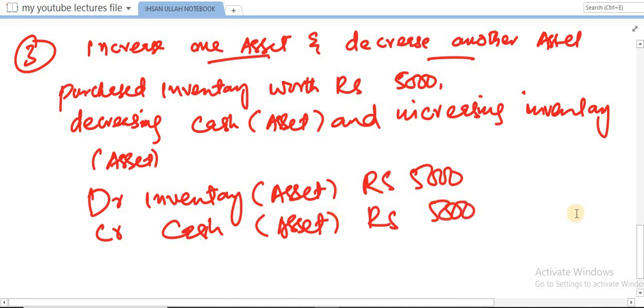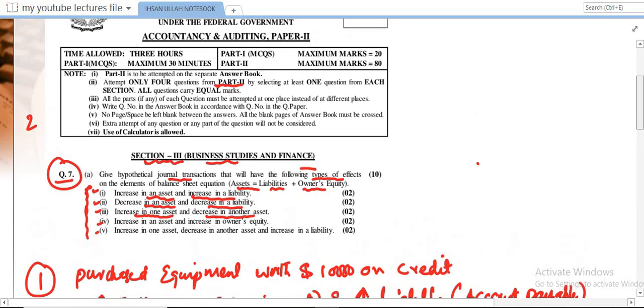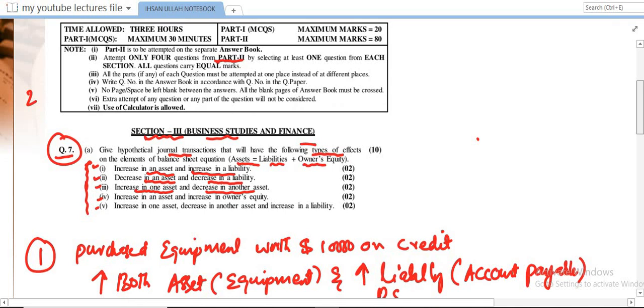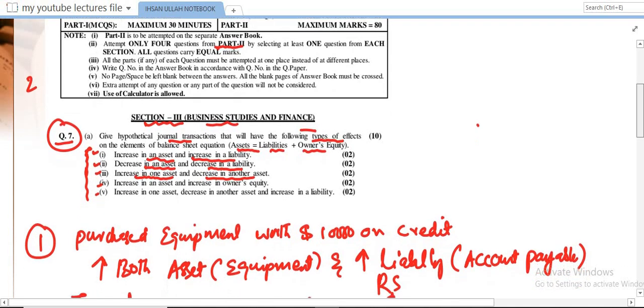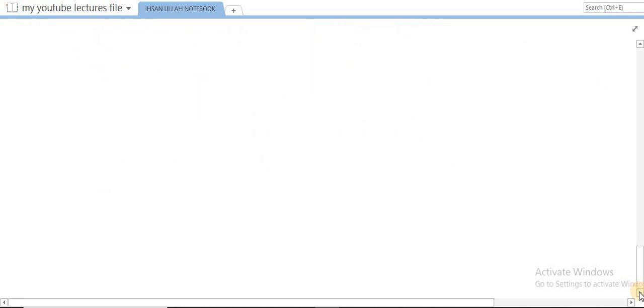Clear? Now let's move on to part 4. Yeah, increase in asset and increase in owner equity. This is effect number 4, increase in asset and also increase in owner equity.